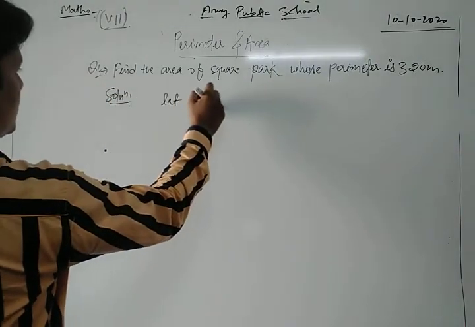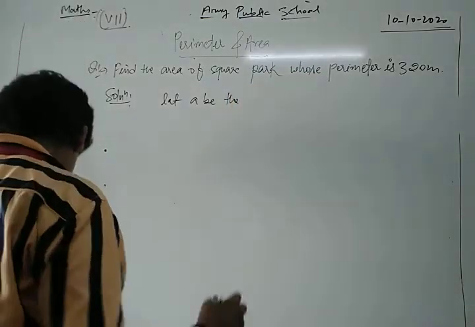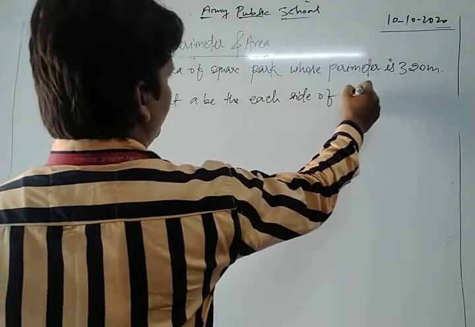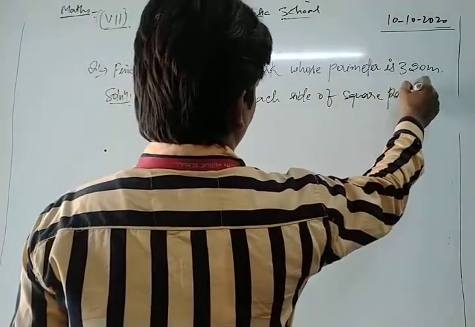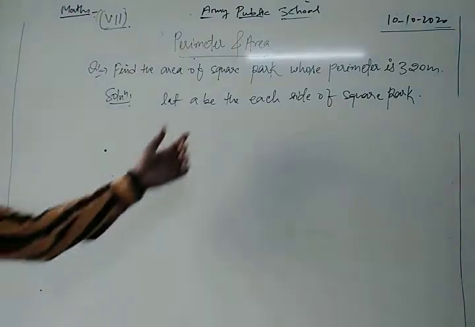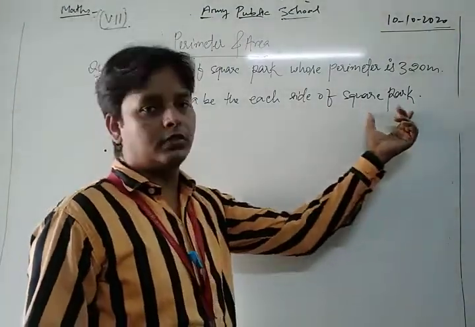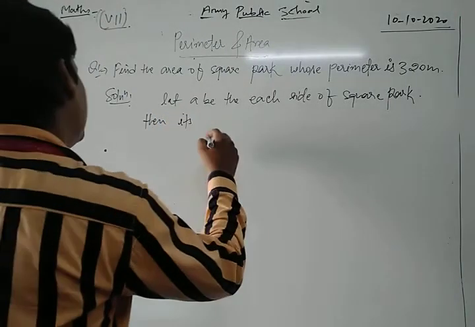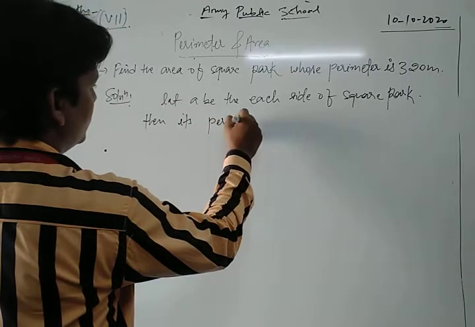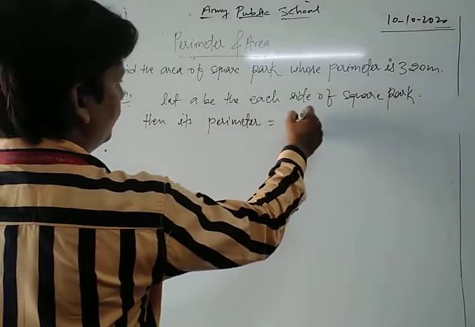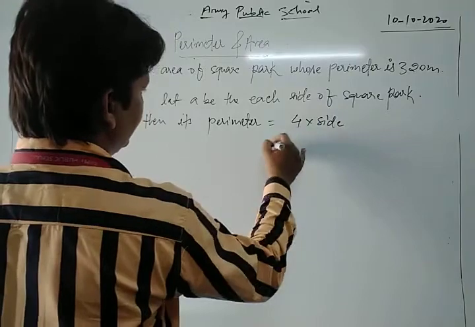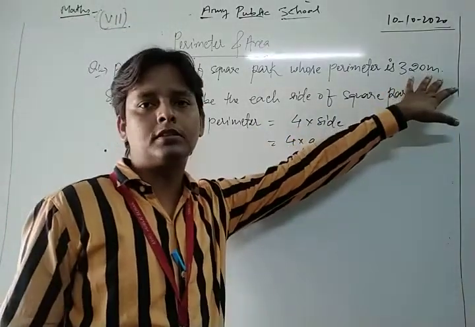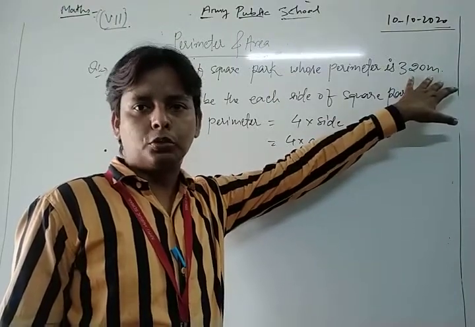Let A be each side of the square park, then its perimeter will be 4 into side, that is 4 into A. And students, in the question the perimeter is given.